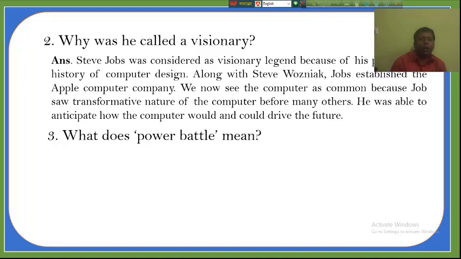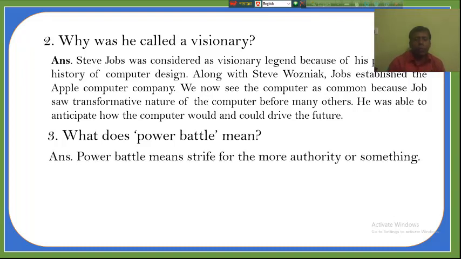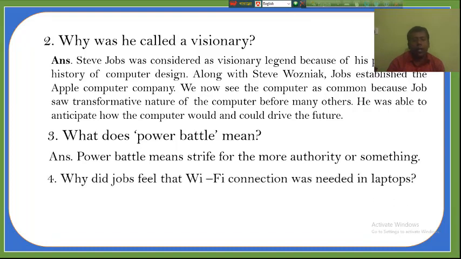Then, what does power battle mean? Power battle means striving for more authority or something. Then, why did Jobs feel that a Wi-Fi connection was needed in laptops?